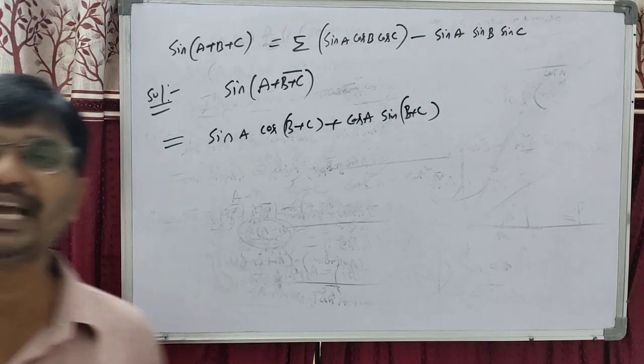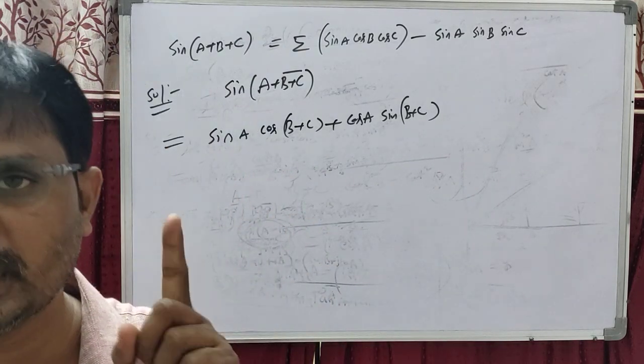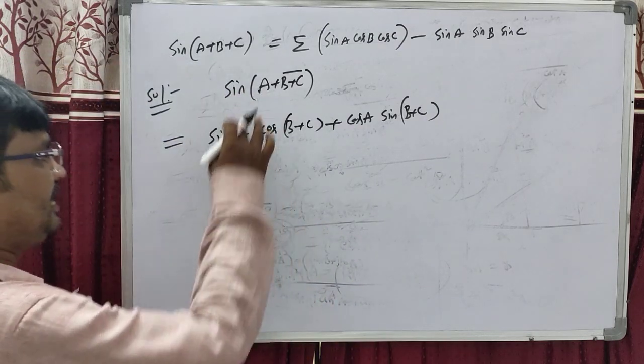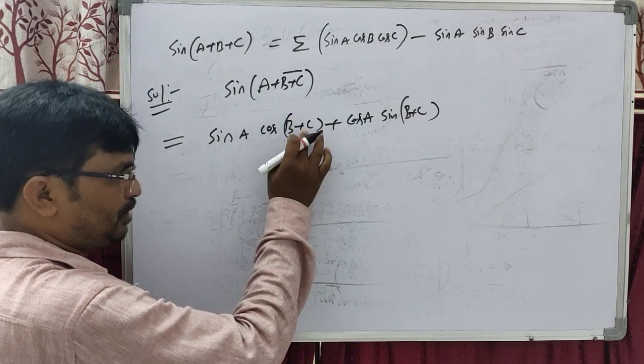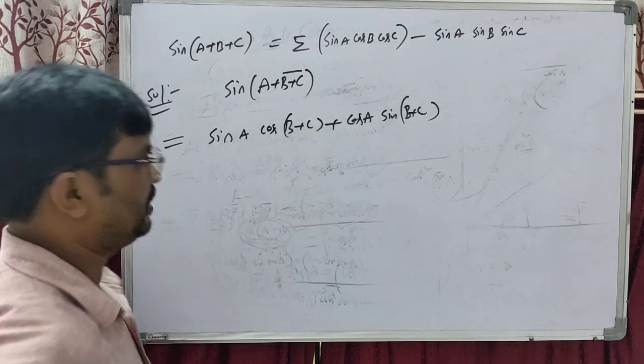My dear students, we have to know that the sine of a plus b is sin a cos b plus cos a sin b. Therefore, this is sin a cos of b plus c, plus cos a sin of b plus c.